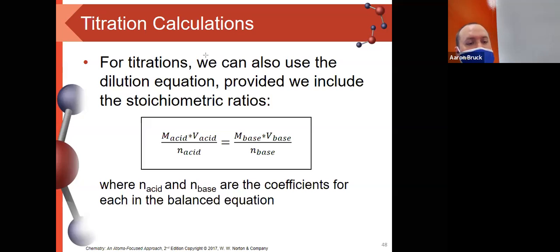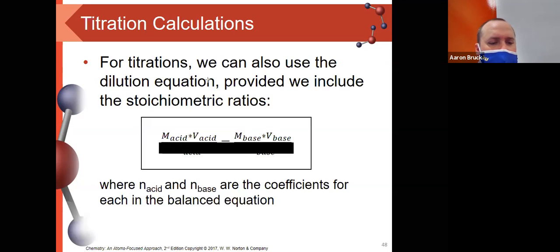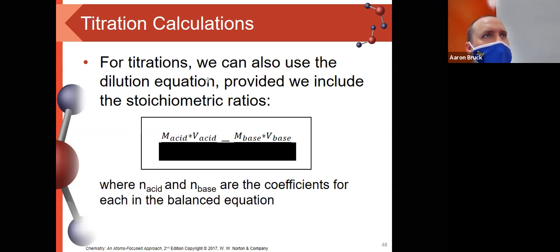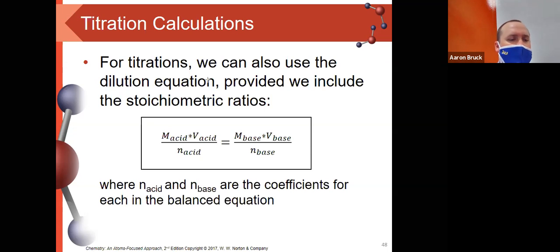Our titration equation should look familiar. If I take this part off on the bottom, what you have is basically the dilution equation. Molarity times volume is equal to molarity times volume. The only difference is that in the dilution equation, because the number of moles doesn't change, I don't need to account for moles at all.